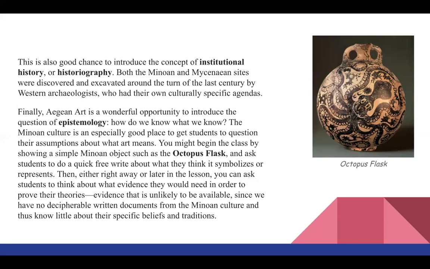Then either right away or later in the lesson, you can ask students to think about what evidence they would need in order to prove their theories. Evidence that is unlikely to be available since we have no decipherable written documents from the Minoan culture and thus know little about their specific beliefs and traditions.